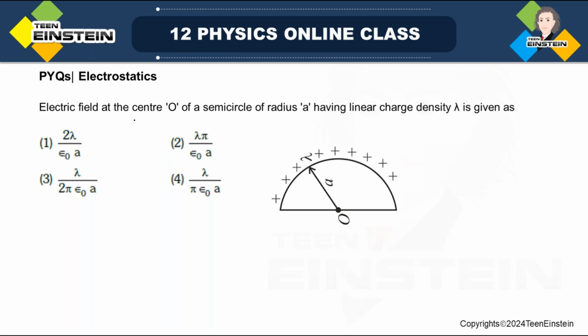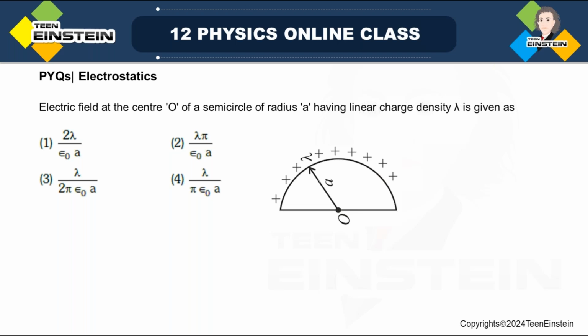So electric field at the center of a semicircle of radius a having linear charge density lambda is given by. I'll tell you two things here: just by remembering a formula, and how to derive it also.